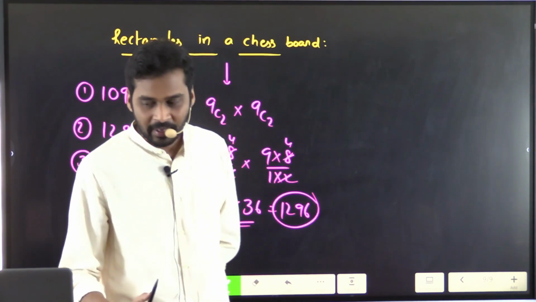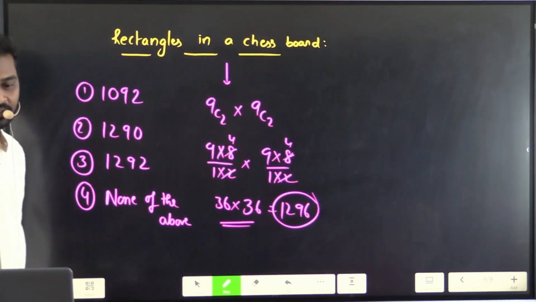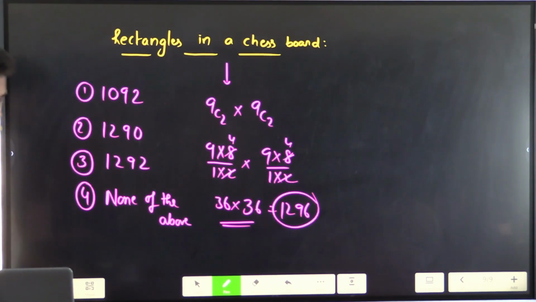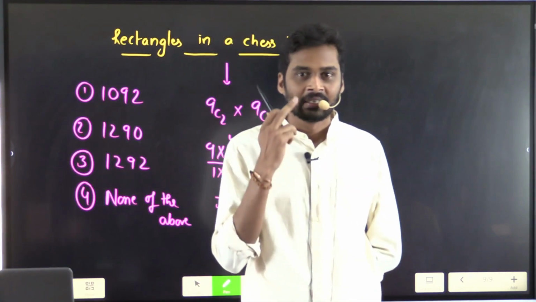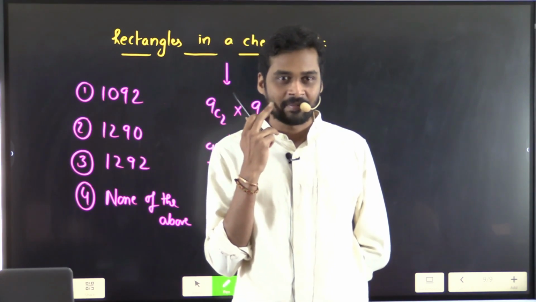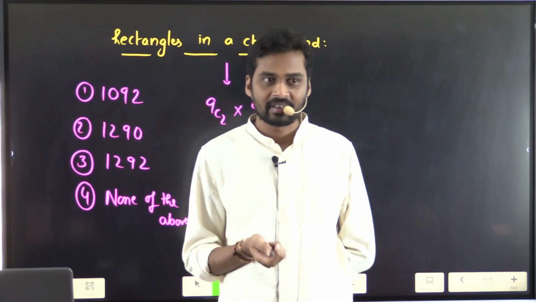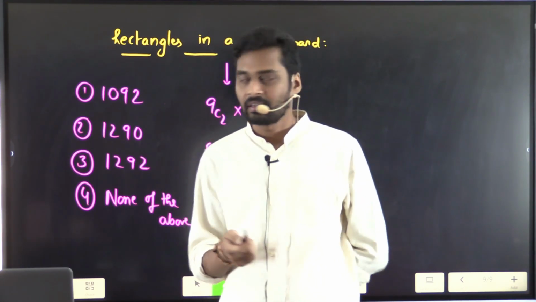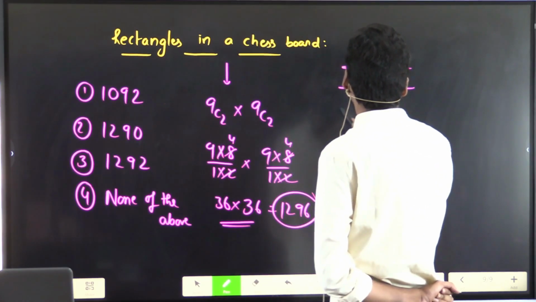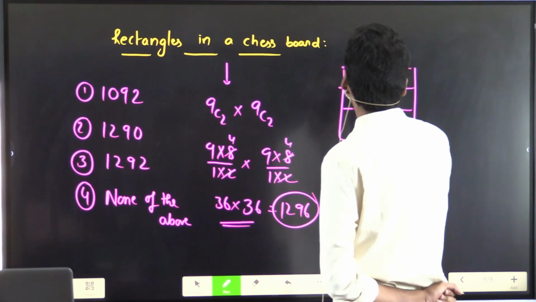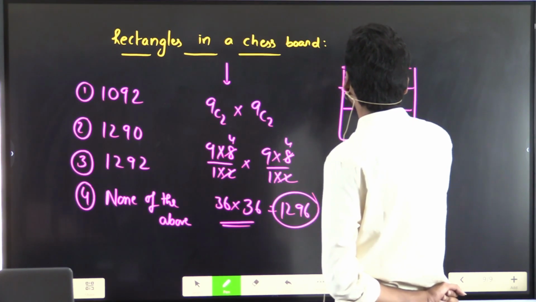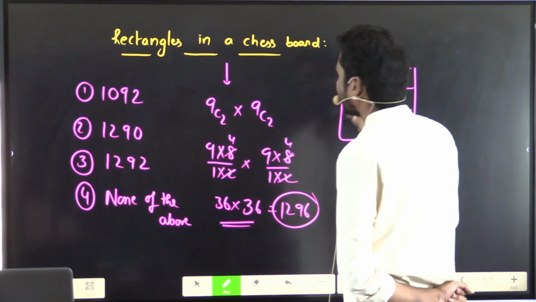So when these options are given, 1092, 1290, 1292, and you are finding the number of rectangles, what is the number of rectangles? Number of horizontal lines C2 into number of vertical lines C2. When counting in a chessboard, even for a square we take 2 horizontal lines and 2 vertical lines.